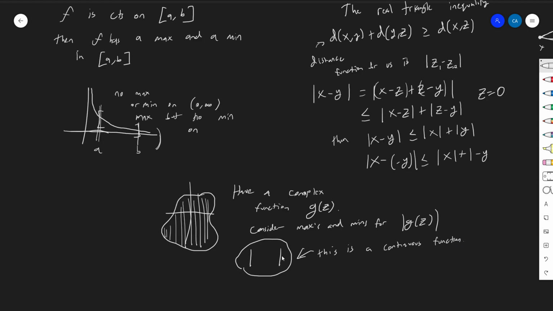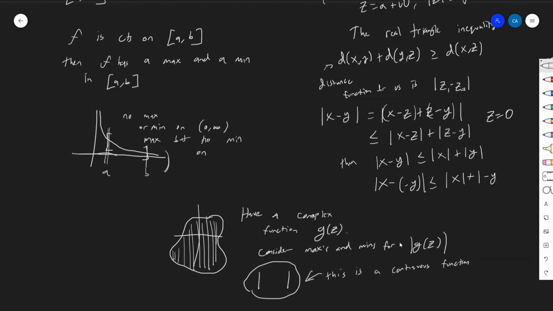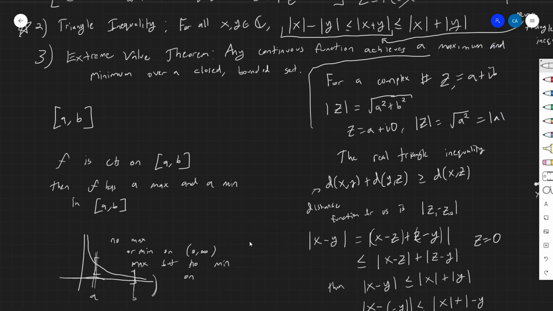So if g is continuous, then the magnitude of g is also a continuous function, and then you can revert to the extreme value theorem that you learned in Calc 1, and say that this is a continuous function, so it has to achieve a maximum or a minimum magnitude on this region.